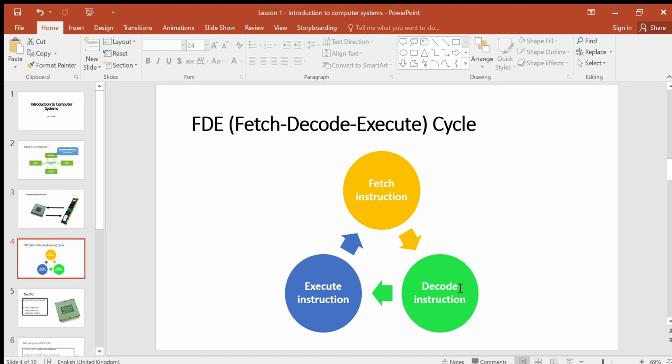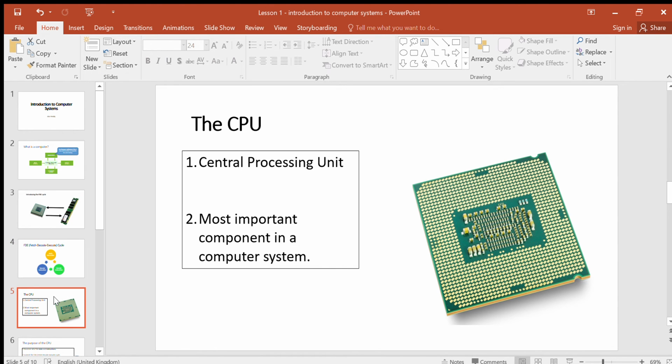So what role do each of these play in the FDE cycle? Let's start with the CPU, which stands for Central Processing Unit. Arguably, the most important component in a computer system. Now, you may come to me later in the year and say, actually, I think this is the most important component, and I look forward to those discussions. But as it stands, we will leave it as the CPU.